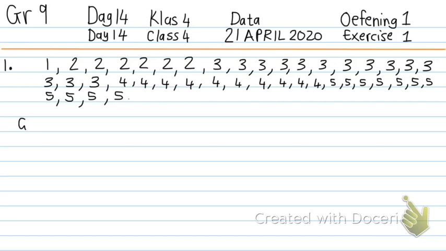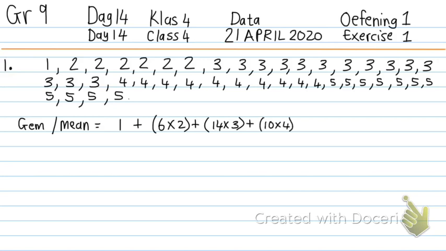Then I need to work out the mean. Please ignore the Afrikaans. To work out the mean, I'm going to add all those numbers and divide by how many there are. So it's going to be 1, and then there are 6 2's, so it's 6 times 2. And there are 14 3's, so it's 14 times 3. And then there are 10 4's and 11 5's.